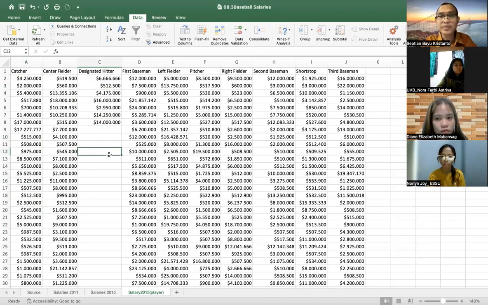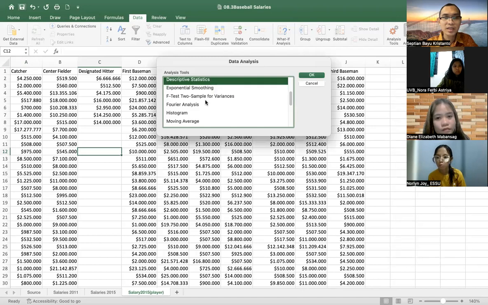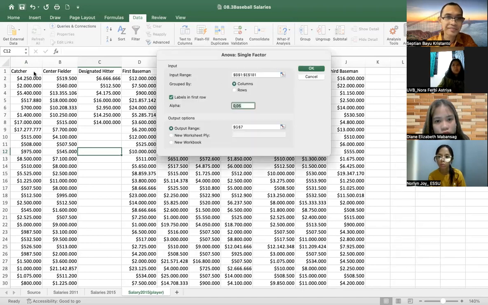Now, what if the question is, can you analyze the randomness of salary between the baseball players for the first 50 players in our observations? We only analyze the first 50 players. So we need to run the data analysis using analysis of variance, because we need to know whether the variance in our data is inflated or not.